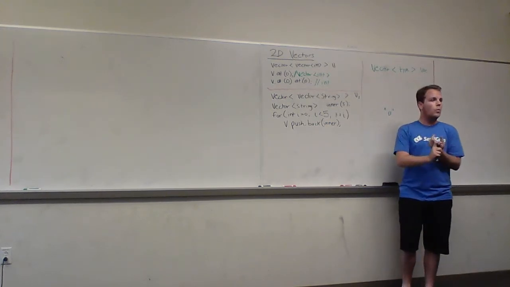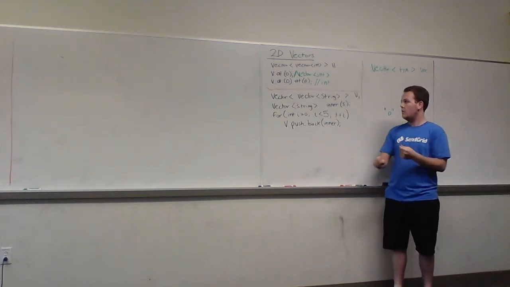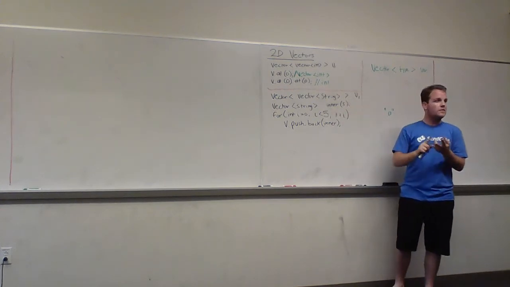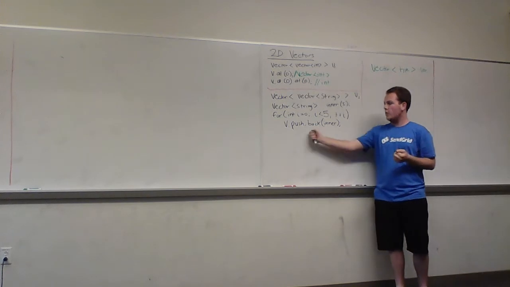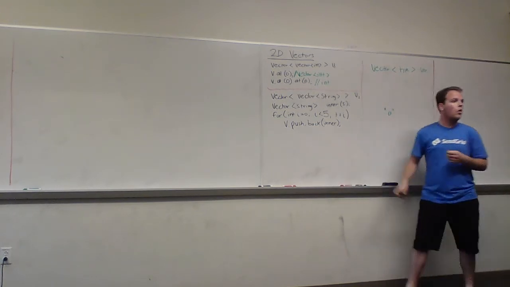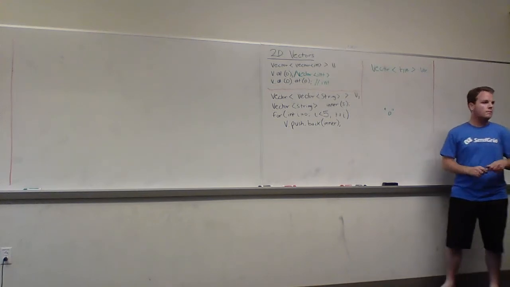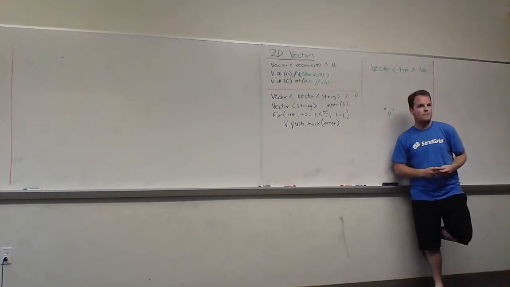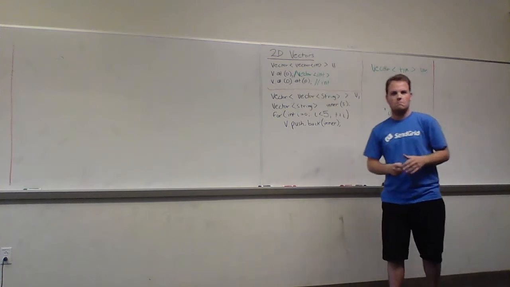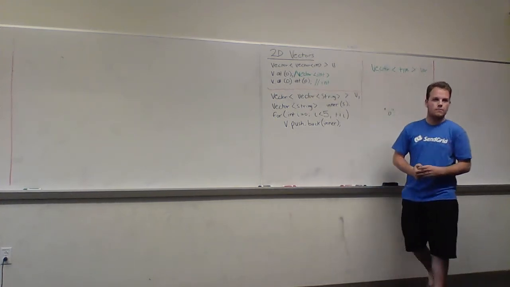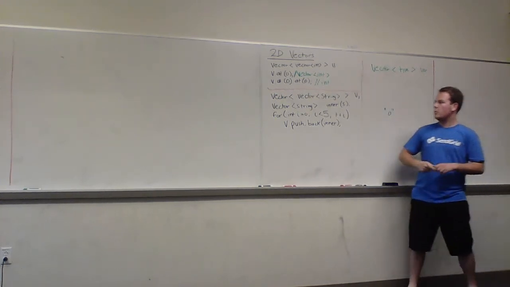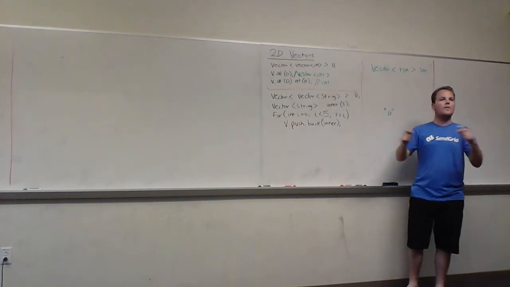Well, first of all, what are the contents of V? And secondly, write a for loop to print out all of the strings onto the screen. I'll give you guys 3-4 minutes. How about you just write the for loop first?